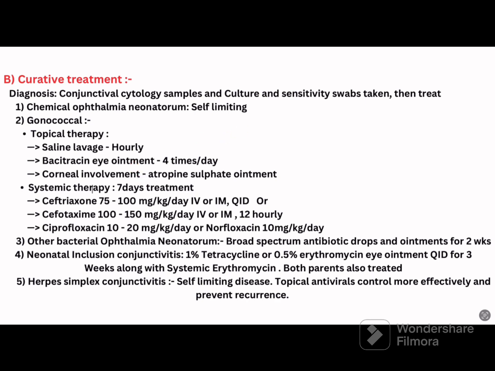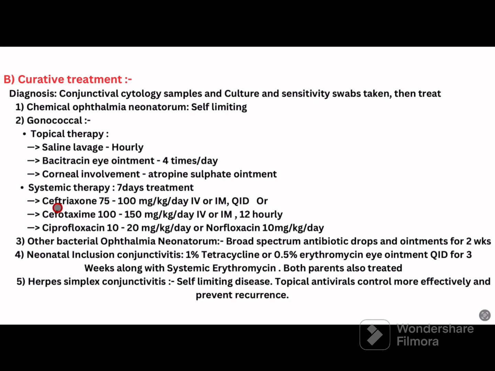How about the systemic therapy? Neonates born to mothers with gonococcal infection who are having gonococcal ophthalmia neonatorum should be treated for 7 days with any one of the following systemic therapy. So 7 days treatment is your systemic therapy.